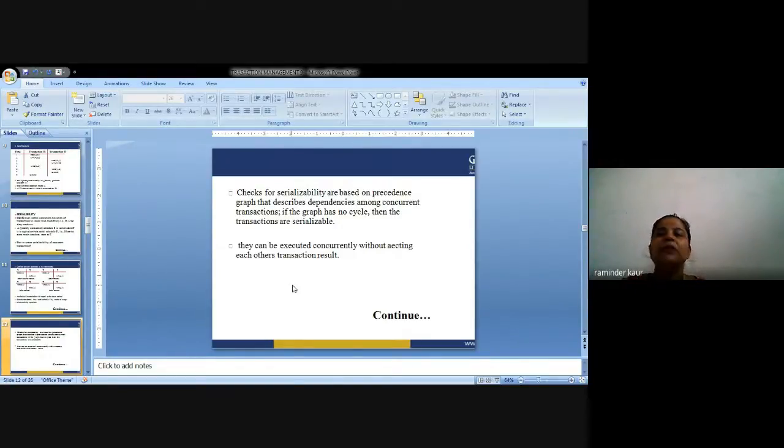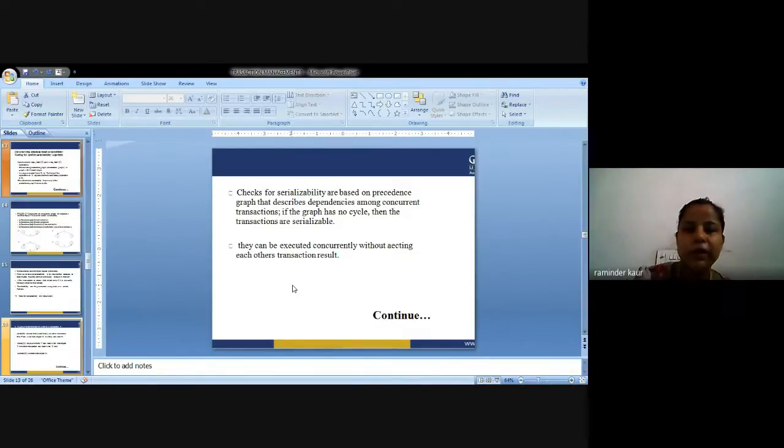It means this transaction cannot proceed. So it describes the dependencies among the concurrent transactions. If the graph has no cycle, then the transactions are serializable. Otherwise, if the graph has a cycle, then it is not serializable. You can see it here.